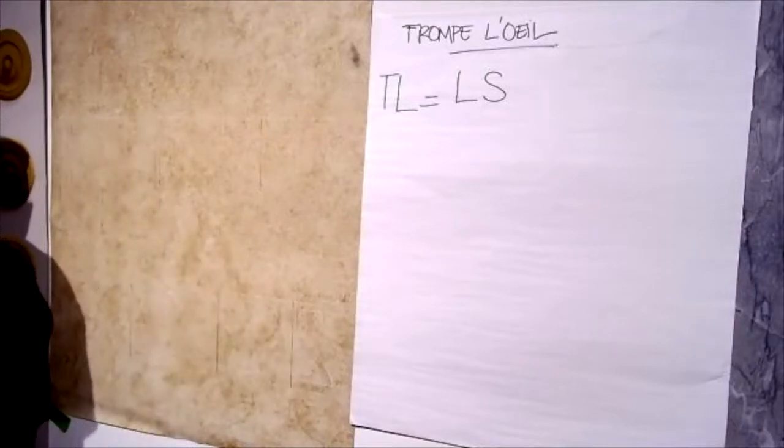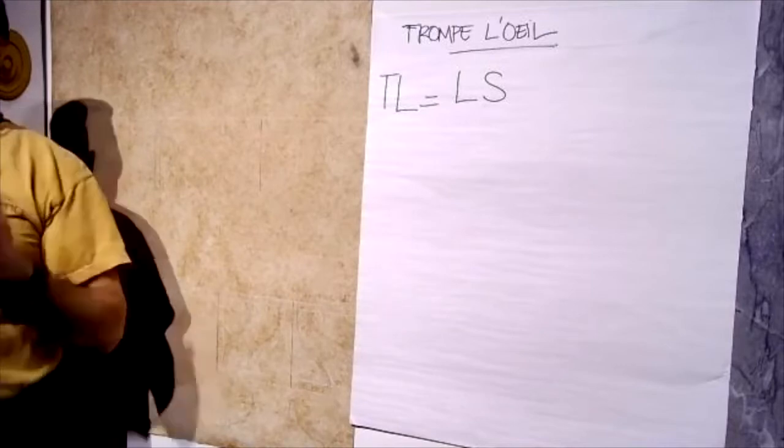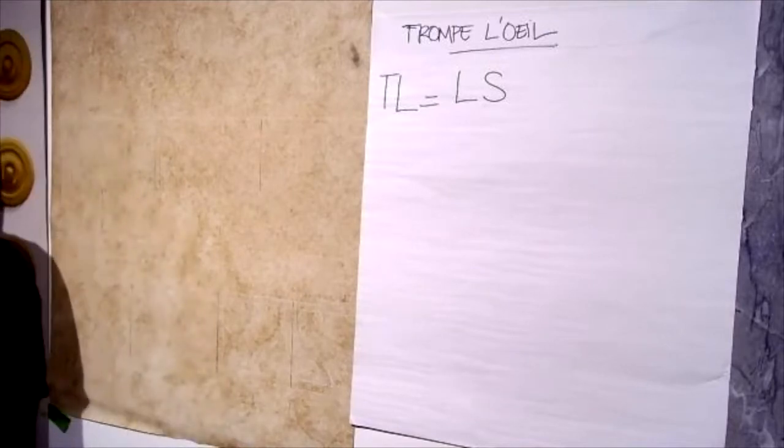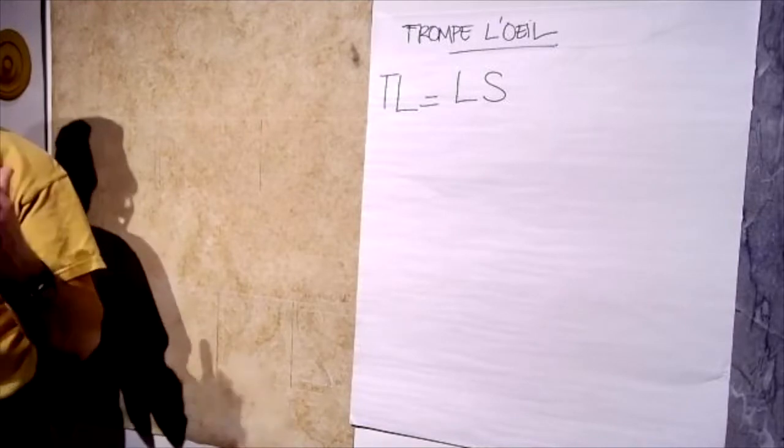So if it's a really bright light, you're going to have bright highlight and dark shadows. If it's a soft light source, softer shadow, softer highlight.